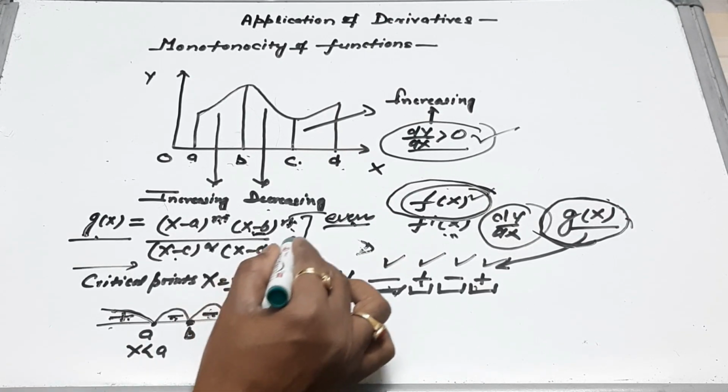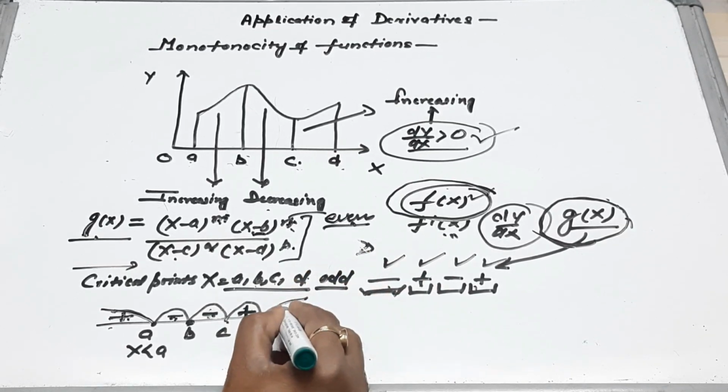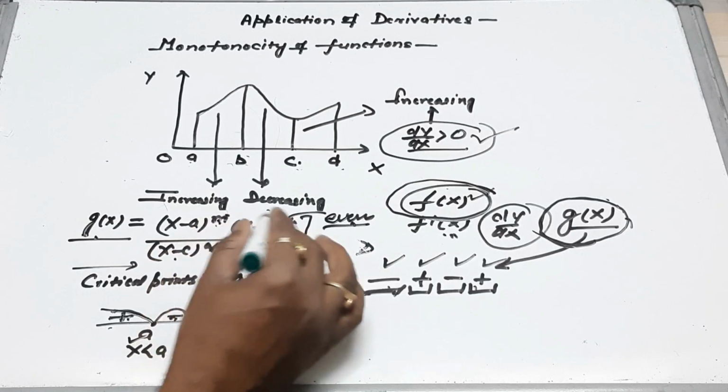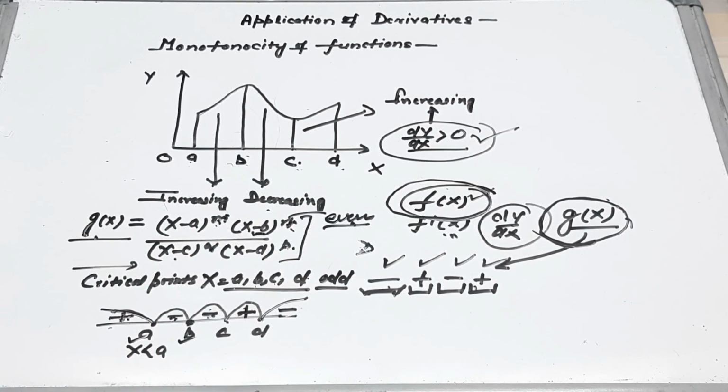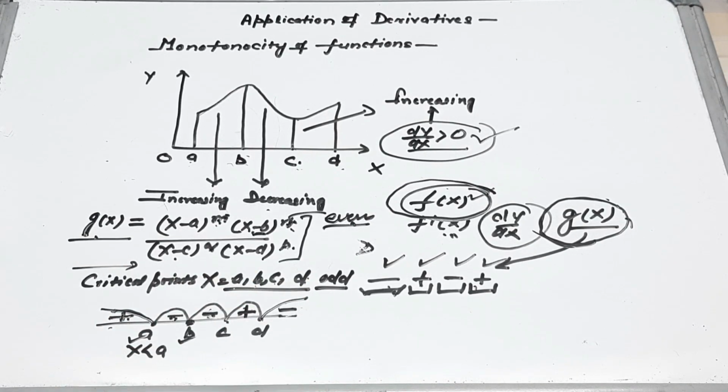And then d, here also it is odd, so it will also change its sign. So each and every critical point should be checked for its power. If powers are odd, then it will change the sign. If powers are not odd, then the sign will be unaltered. Whatever sign is in the earlier interval, the same sign will follow in the next interval.